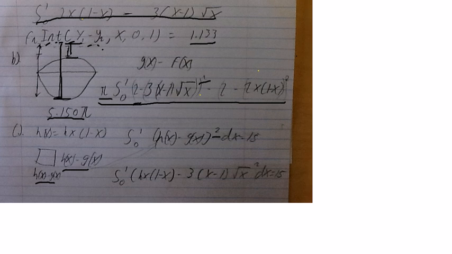Then you can just plug in what h of x equals. So it's the integral from 0 to 1 of k times x times 1 minus x, in parentheses, minus 3 times x minus 1 square root, and square all of that, dx equals 15, and that's going to be your answer.